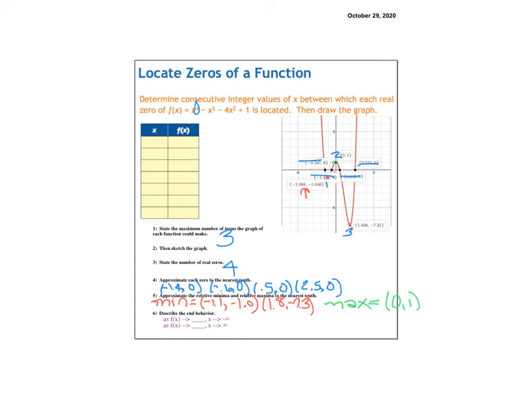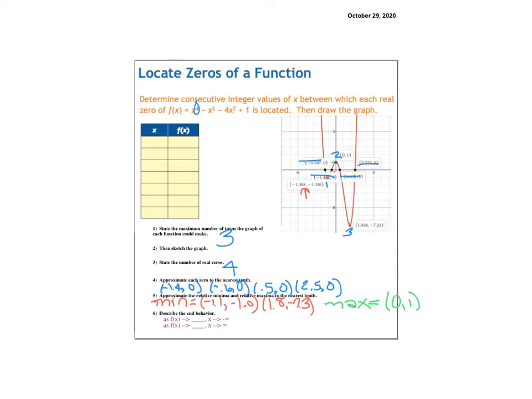All right, and then lastly, we're going to describe the end behavior. So remember a couple lessons ago, we talked about even and odd degree functions. Since this is an even degree function, we have to the 4th degree, that means our graph's ends are pointing in the same direction. Remember that an odd degree function has the ends pointing in opposite directions.